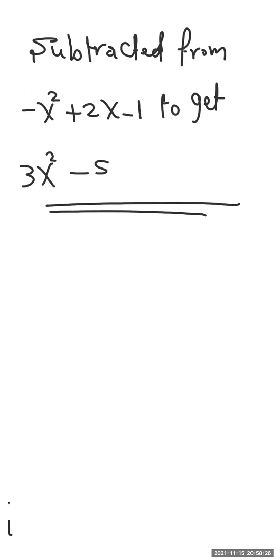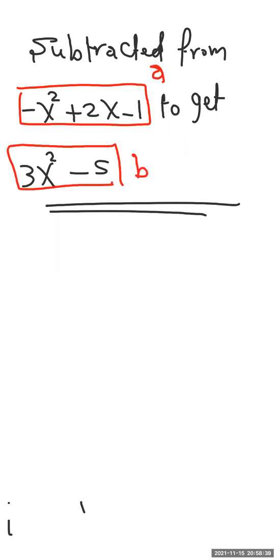How to solve that one? We said that for the expression which should be subtracted from a to get b, it will be a minus b. So the first, negative x squared plus 2x minus 1, then minus b.